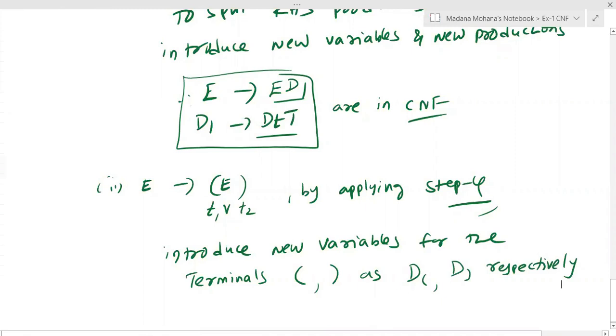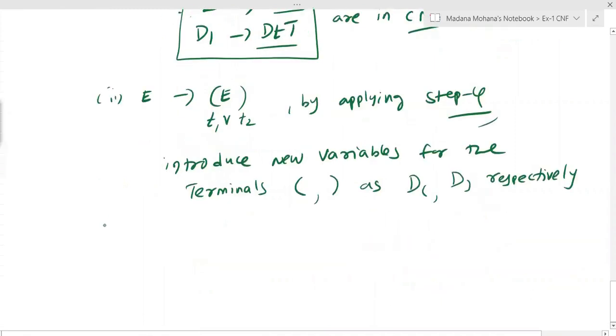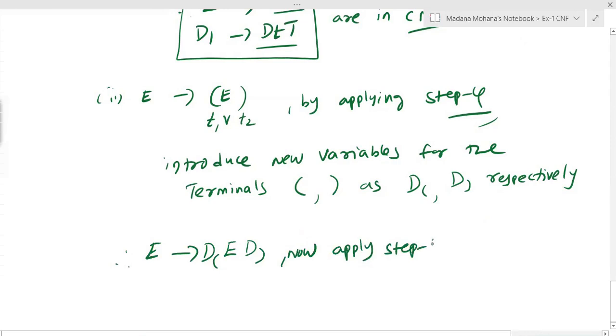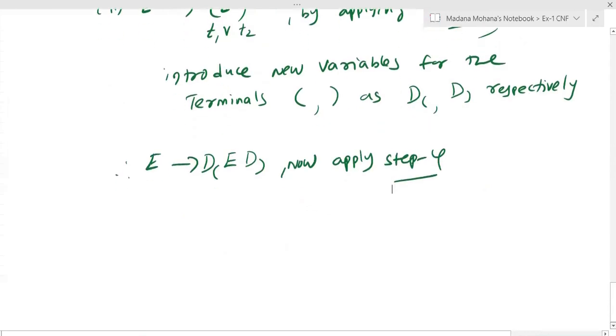So therefore, E derives, now the left brace, you can substitute the variable D suffix left brace, then E remains same, then right brace, D right brace. Again see here three variables are there. So now apply step 3. You have to split by introducing again new variable and new production.